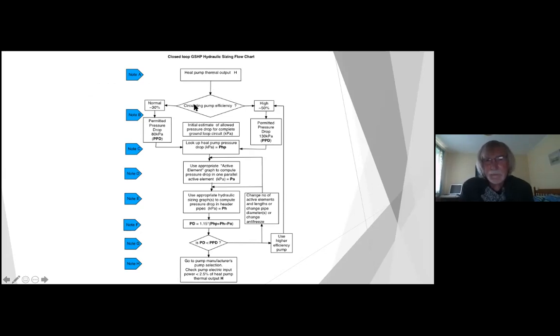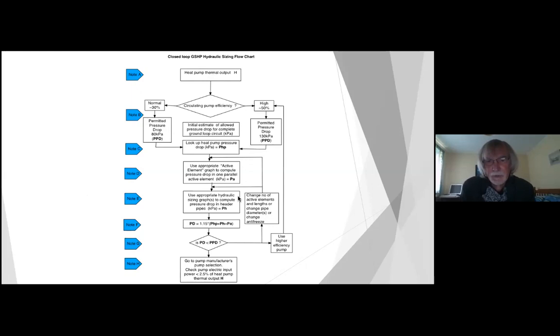So you've got your heat pump thermal output. Are you going to use, well, hopefully today you are going to use a high efficiency circulating pump. That will tell you how much pressure drop you've got to play with. So you look up your heat pump pressure drop that's given to you by your heat pump manufacturer.